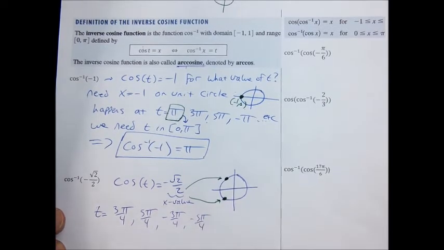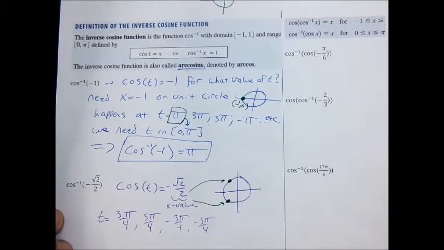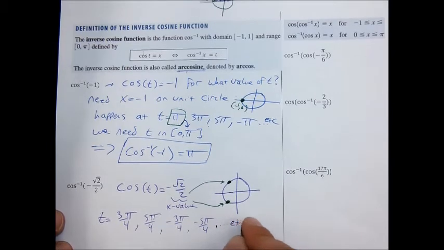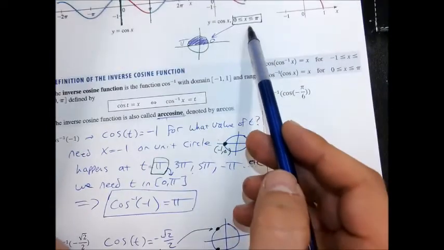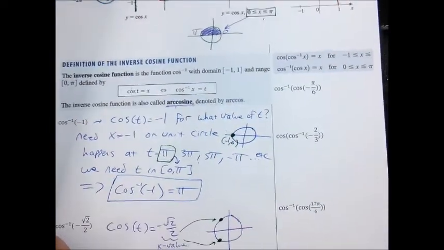Those two are also options. I'll just put dot, dot, dot, etc. There are lots of coterminal points that might put us on that value. And we want to pick the one that's between 0 and pi.